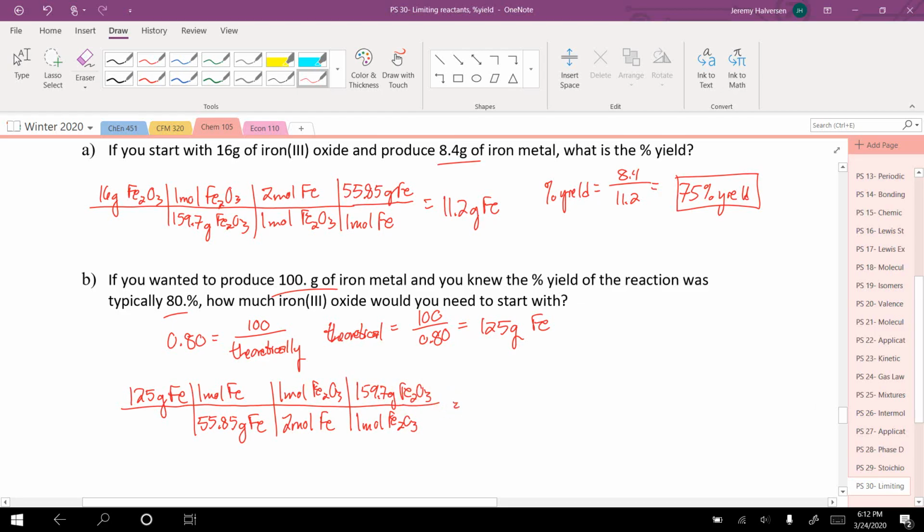So if I'm going to aim for 125 grams of iron, I need to start with 178.7 grams of Fe2O3.